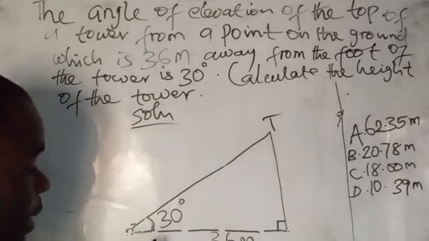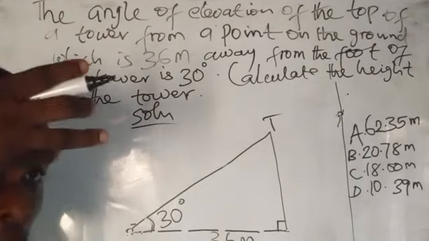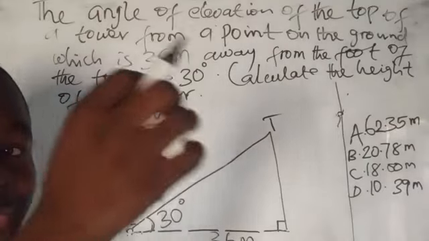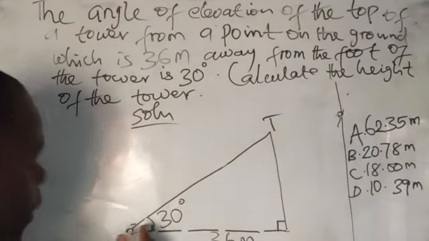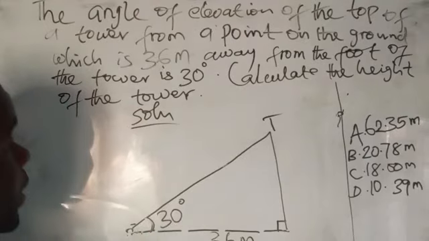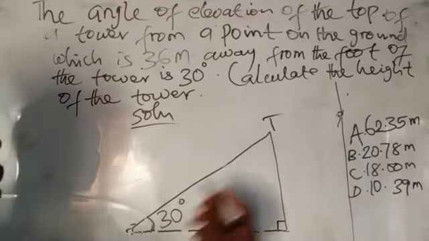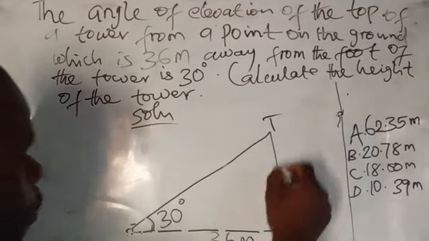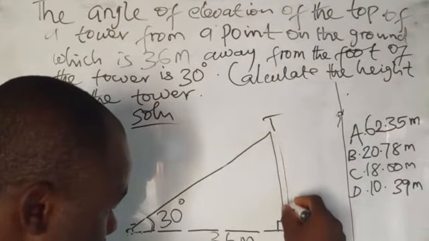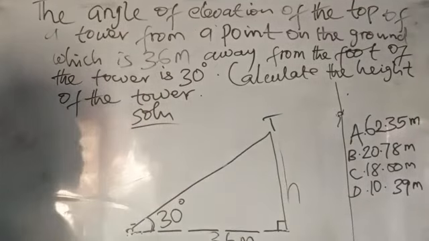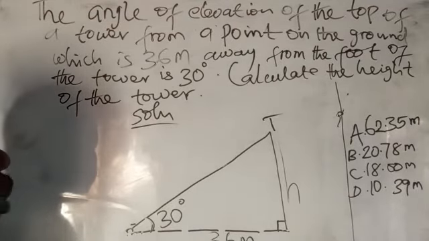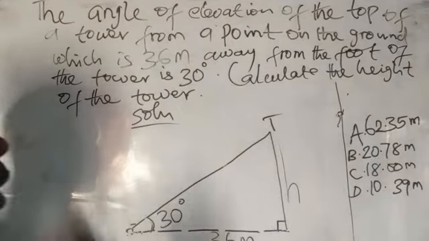When you bring your eye upward, it will make an angle theta, which is given as 30 degrees here. Okay, now calculate the height of the tower, which is here. This is the height of that tower, H. That's the height of the tower that you are meant to calculate from the ground to the top here.